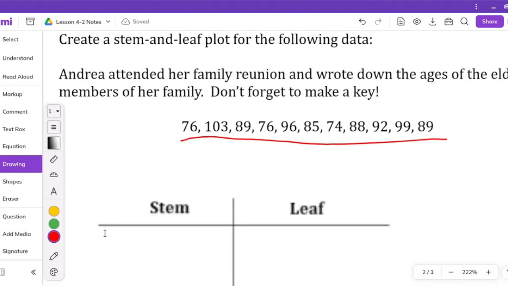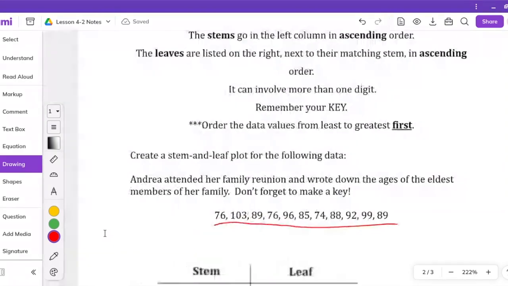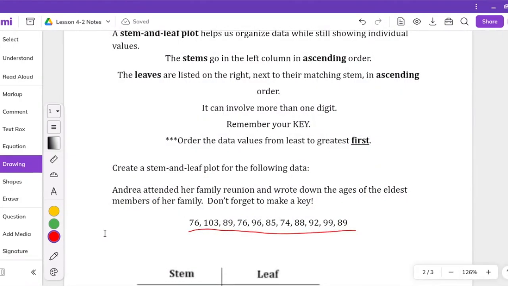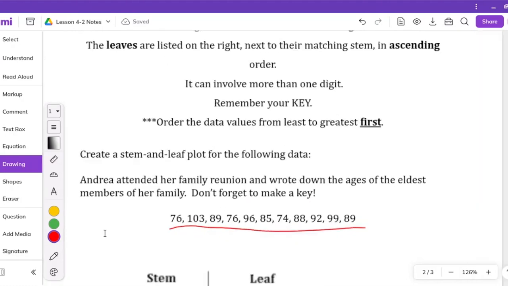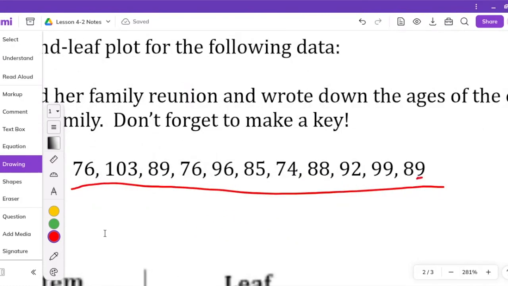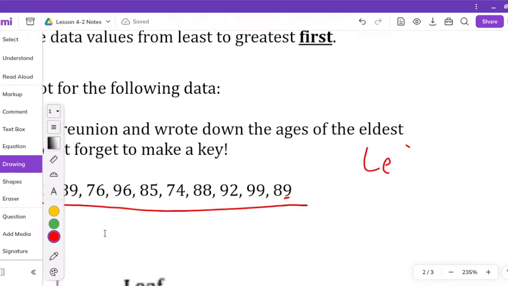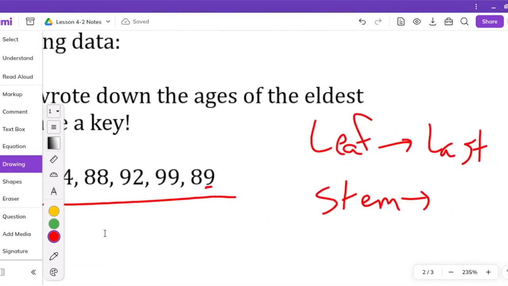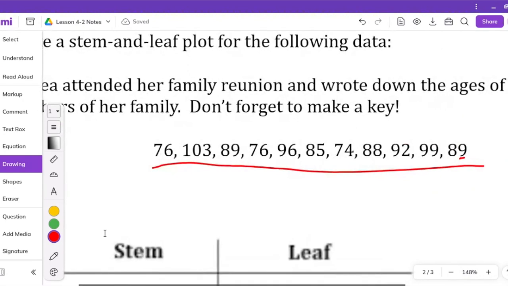So for this one, what a stem and leaf plot does is the leaves are basically the last number. So think leaf is last. The stem is everything else. Okay, the stem is everything else.